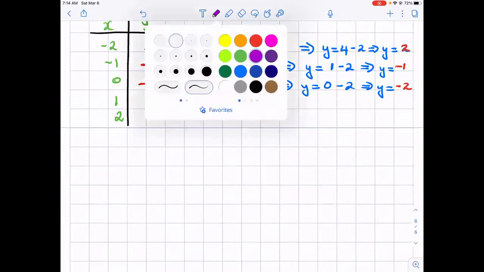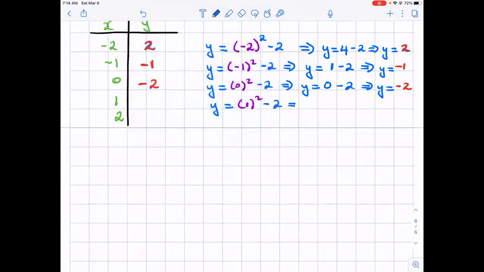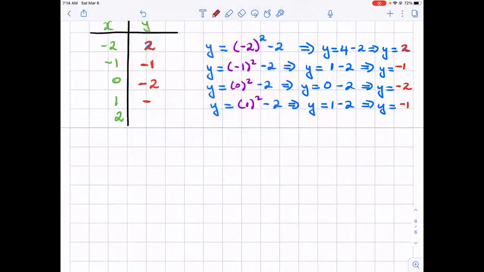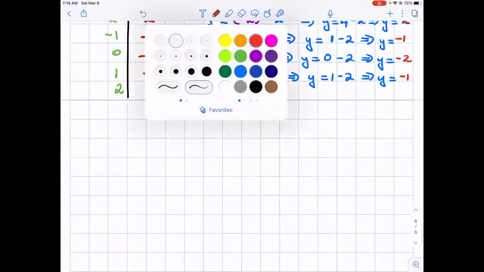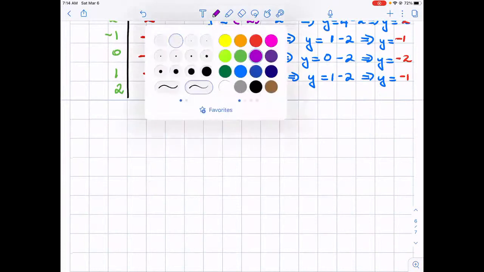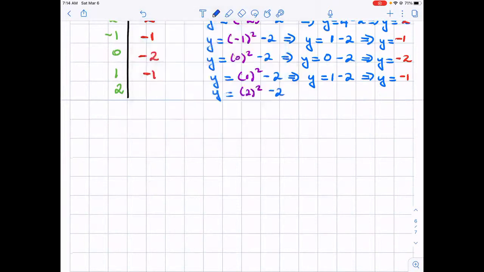We square that, and we subtract 2 from it. So y is equal to 1 minus 2, so y is equal to negative 1. And then the last value we'll plug in is 2, so 2 squared minus 2, so y is equal to 4 minus 2, so y is equal to 2.